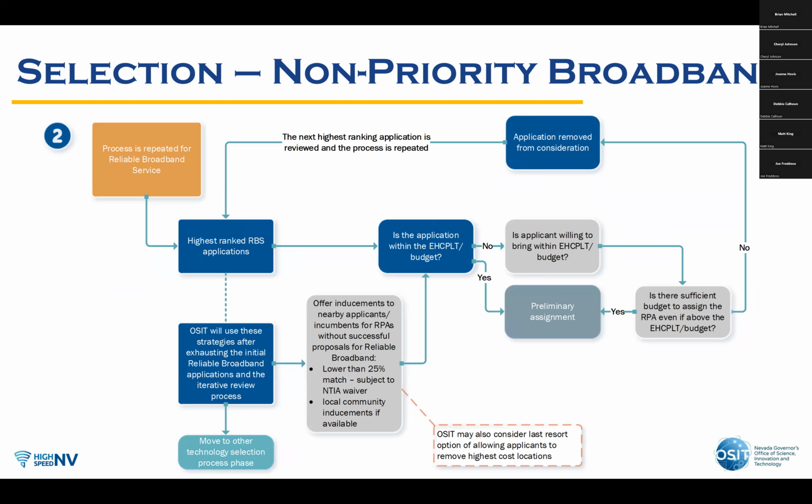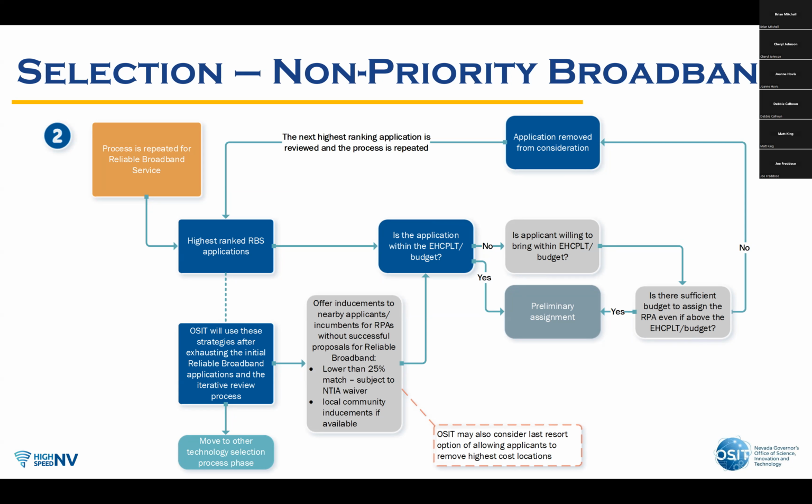And what happens here is effectively the same process. What will happen now is that OSIT will look at all of the applications that were received for non-fiber reliable broadband service, and in order of ranking, which is based on score now, will consider: is the application for any particular regional project area that did not get a fiber award within the budget?